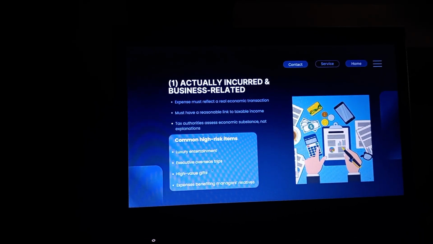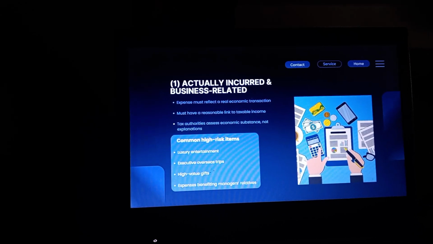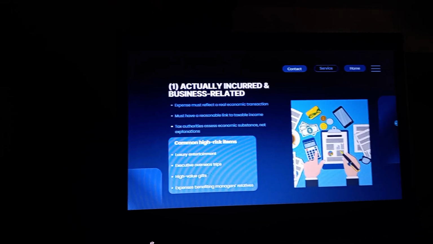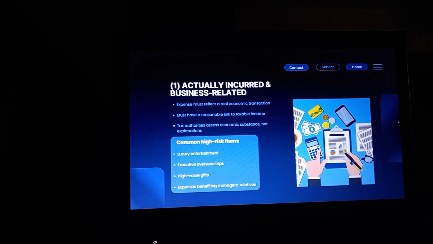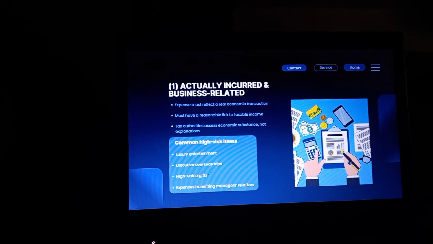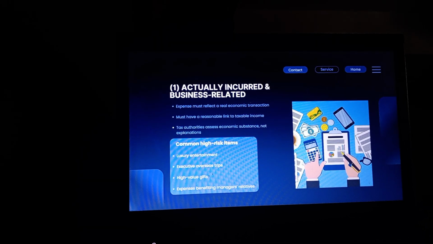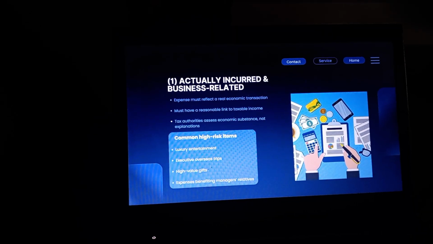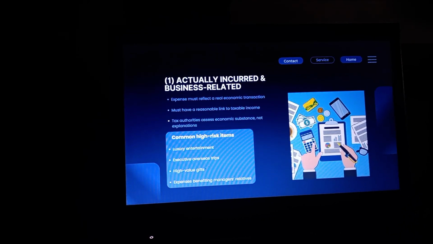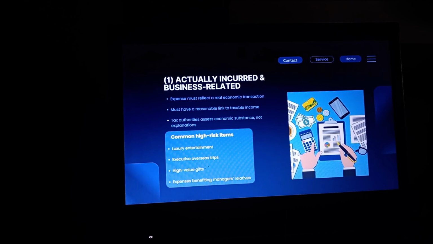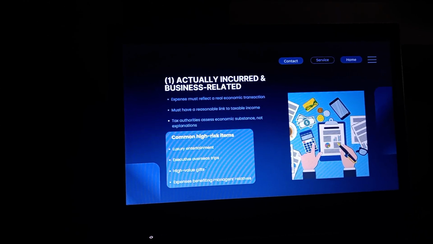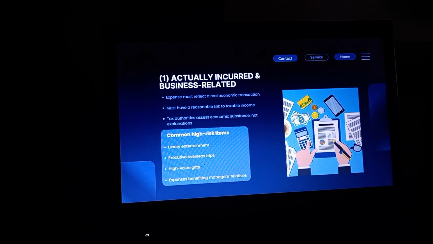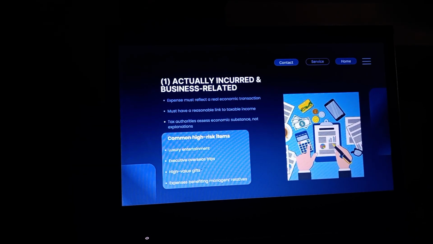The expense must reflect the overall economic transaction and have a reasonable link to supporting income. Thus, authorities assess economic substance, not explanation. Common rejected items include luxury entertainment, executive overseas trips, high-value gifts, and expenses benefiting relatives.